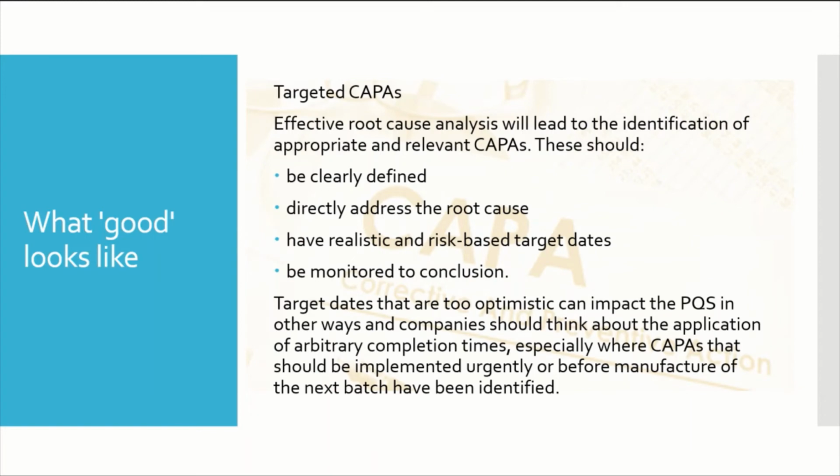Targets that are too optimistic can impact the pharmaceutical quality system in other ways, and companies should think about the application of arbitrary completion timelines, especially when there is an urgency to close the CAPA before the next manufacturing batch.